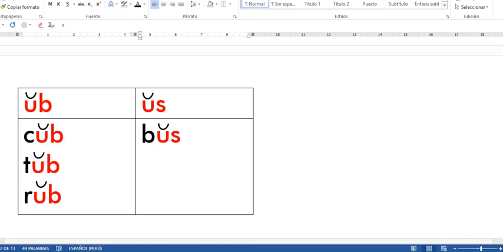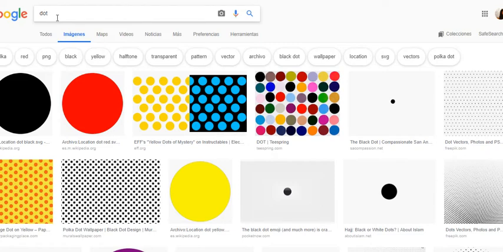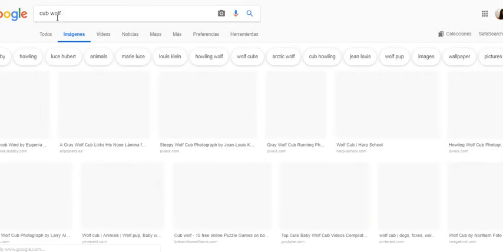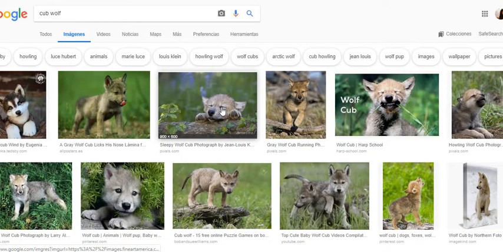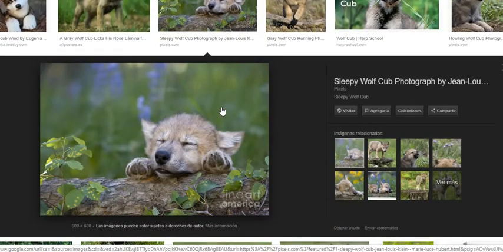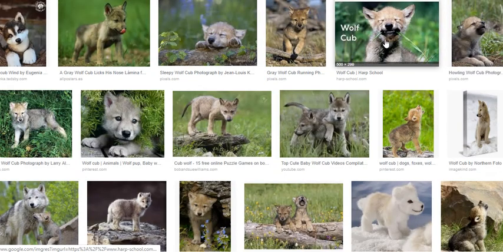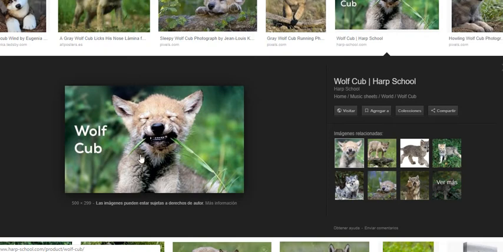And remember that a cub is a baby. For example, a wolf cub. It's a baby wolf. Very cute. Yes. Sleepy wolf cub. Wolf cub. A baby wolf.